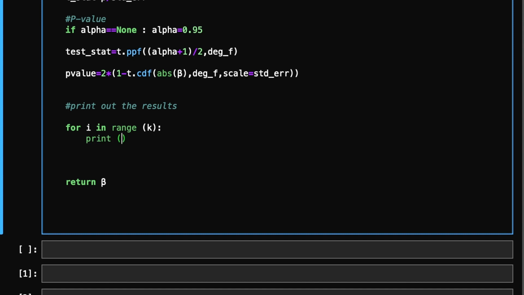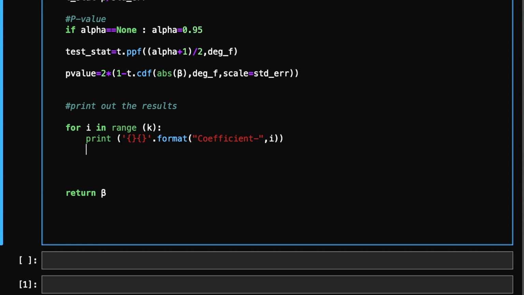Print, and then format it: coefficient and a space, coefficient, and so the first line is going to be coefficient 0. This indicates that the following lines will be the statistics of that coefficient.